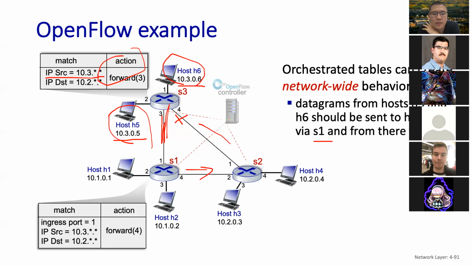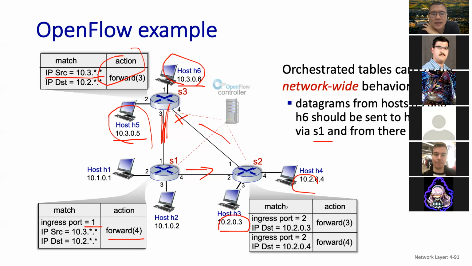Because we are coming from 1, you should forward to 4, right? And the source IP address is 10.3 something, and the destination is for these two, 10.2 something. Okay, so this is the second forward we define in the network.